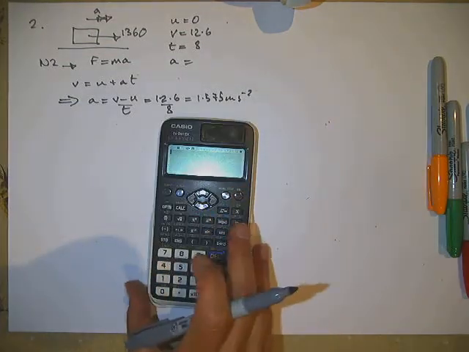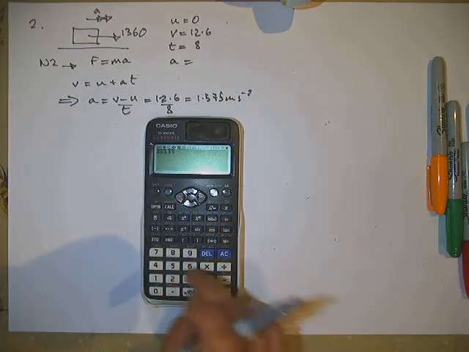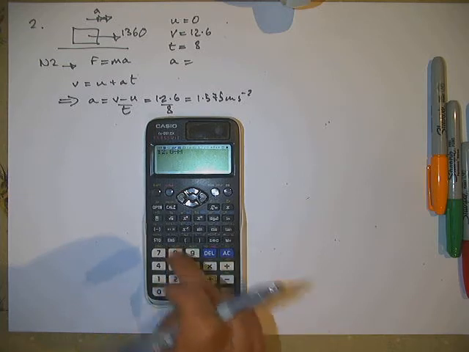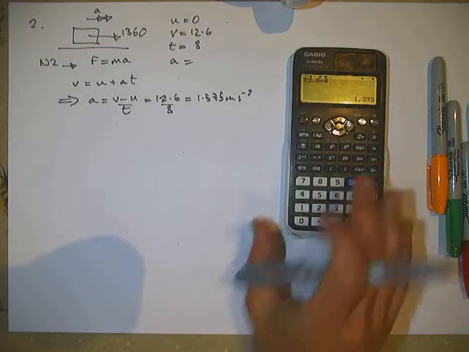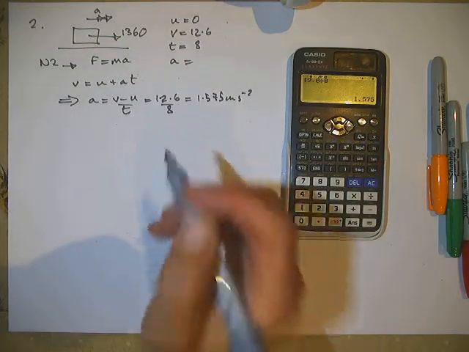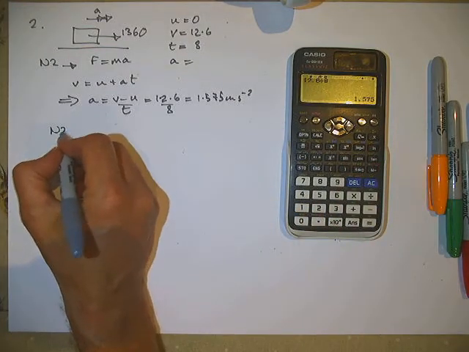Oh, almost looks magical, hasn't it? 12.6 divided by 8. Oh yeah, it was excellent. 1.575.